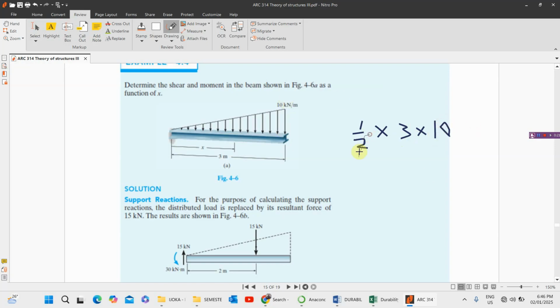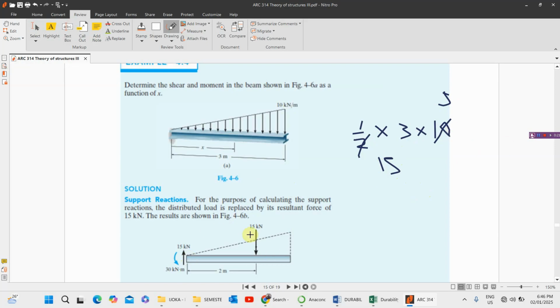So we can say 2 here, 1, 2 here, 5. So we have 5 times 3, that's 15. So that means it's 15. So that means it's correct.